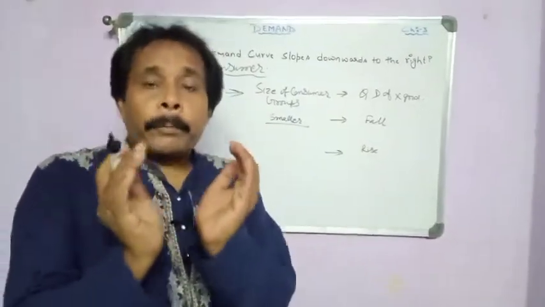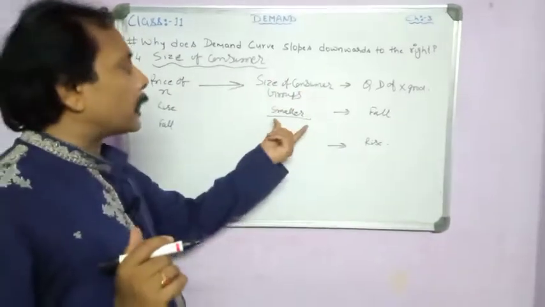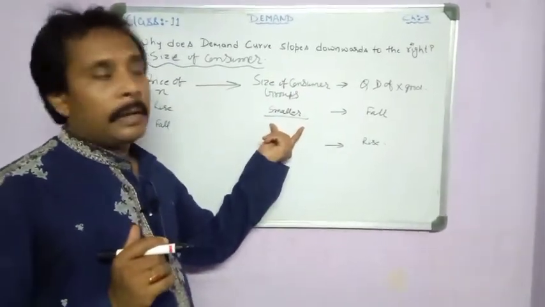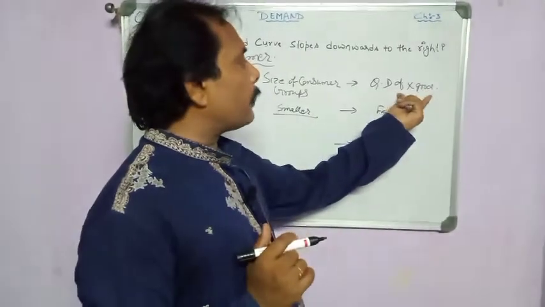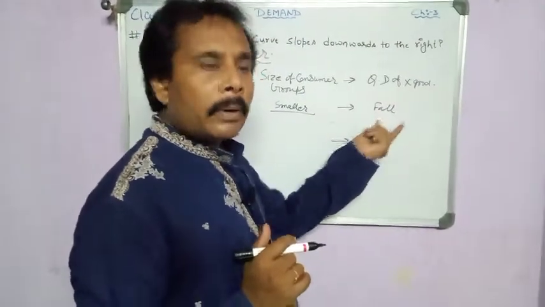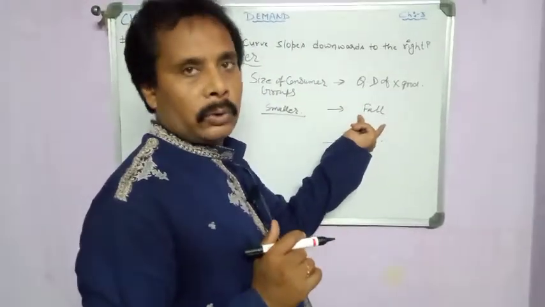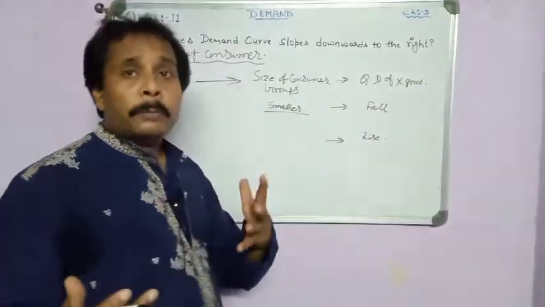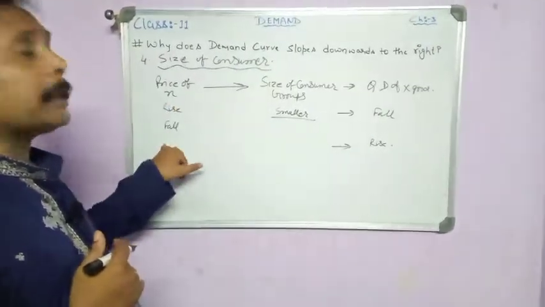So very few people are ready to buy that good. It means the size of the consumer group is small. As a result, the quantity demand for that good will fall because very few people are capable to buy that good. But the same mango's price falls from 200 to rupees 50.